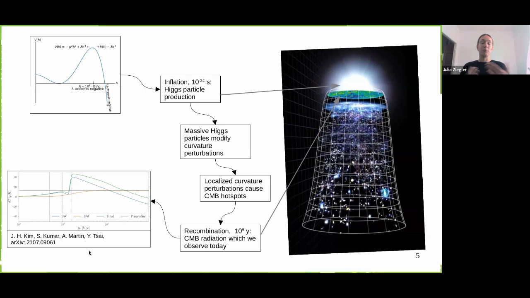And this is what we want to do for our tachyonic Higgs particle. So we have done the first part. We have looked at inflation and the Higgs particle production. Now we can go on and look into how massive particles modify the curvature perturbations.